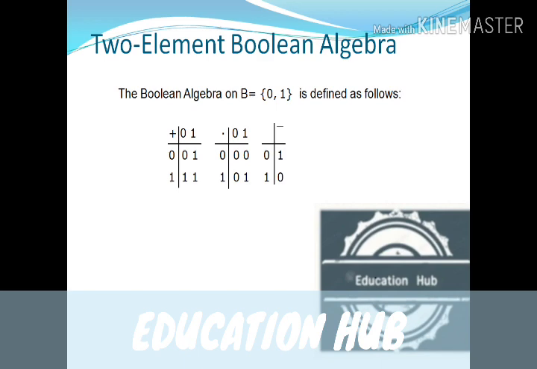Here the two-element Boolean algebra is given: plus product, dot product and the negation product. That means conjunction, disjunction, all are shown here. If it is the plus product, then if it is 0, 1, then 0 and 1, 1, 1.